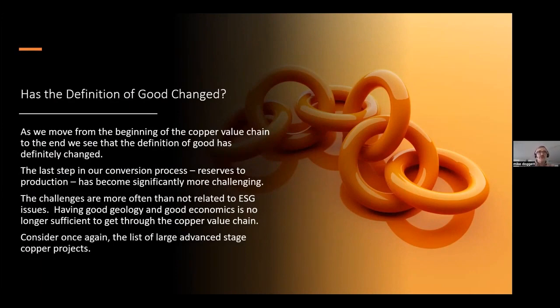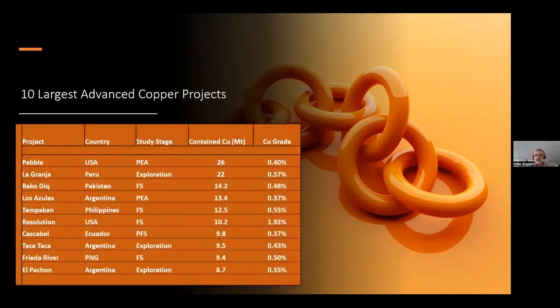Let's go back quickly and look at those 10 projects in the copper development pipeline and look at them again, but not from the perspective of the geological quality, but the perspective of how we would assign a quality measure with respect to the ESG sort of component or the community component of these deposits.